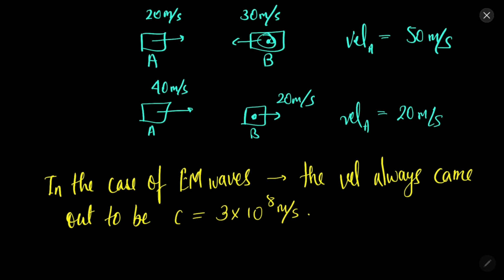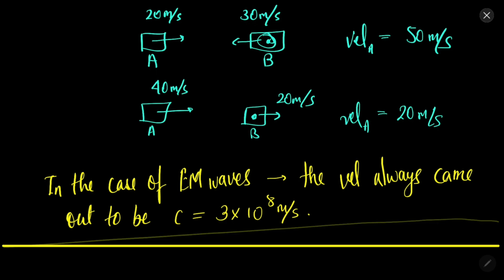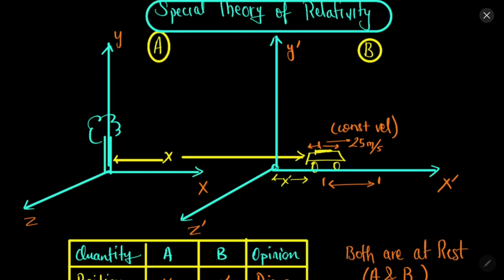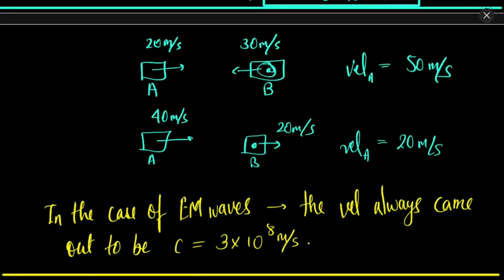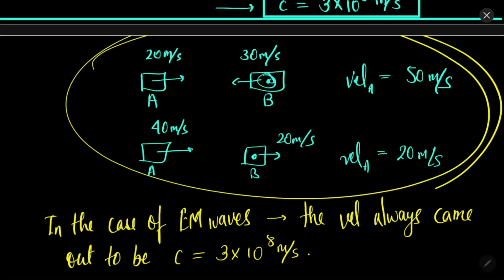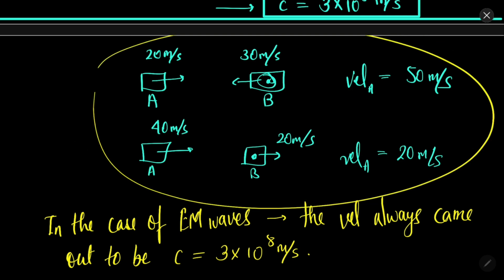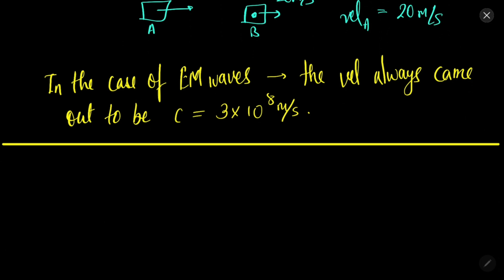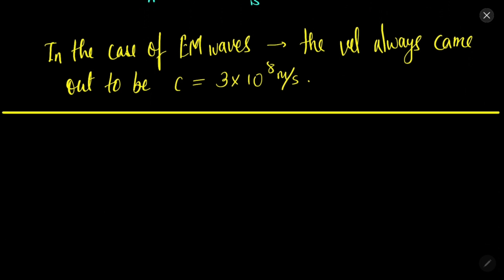So no matter whether the object was moving towards the light or moving away from the light, the speed always came out to be 3 into 10 to the power 8 meters per second approximately. So this was quite unbelievable, because the speed must change if the object is moving towards the light or moving away from the light. So ultimately this was the starting point for special theory of relativity.